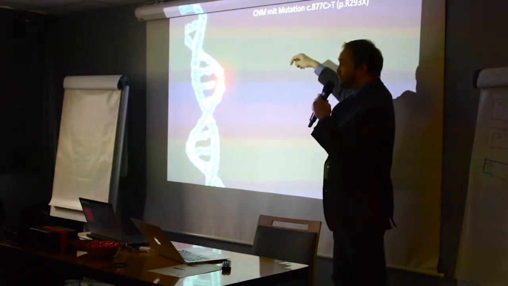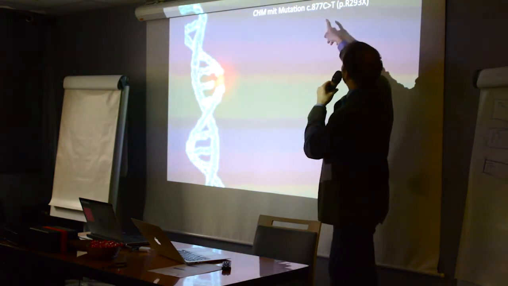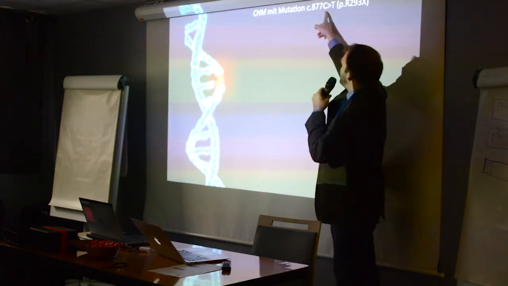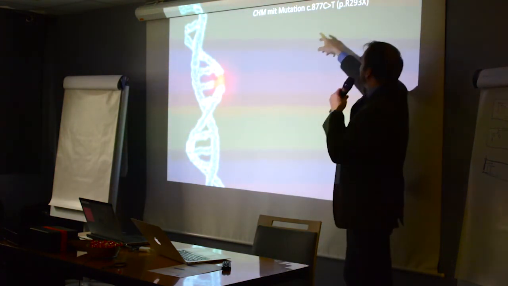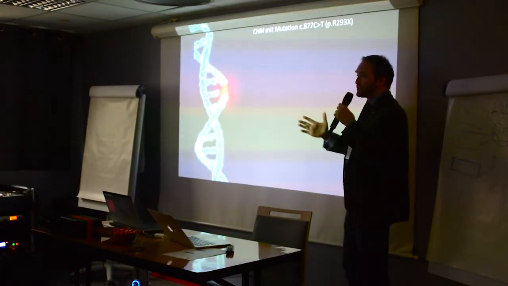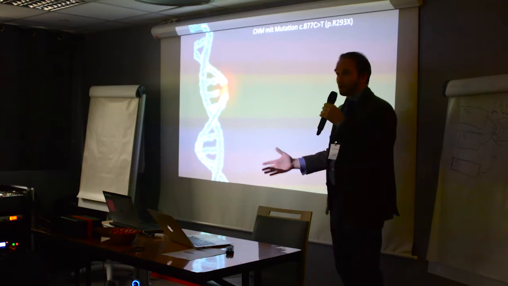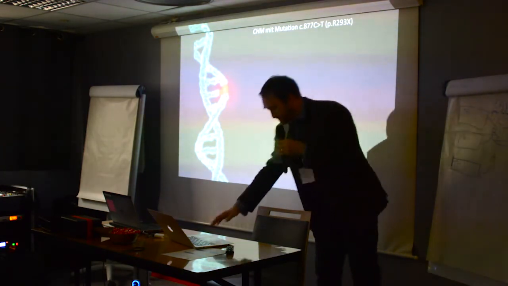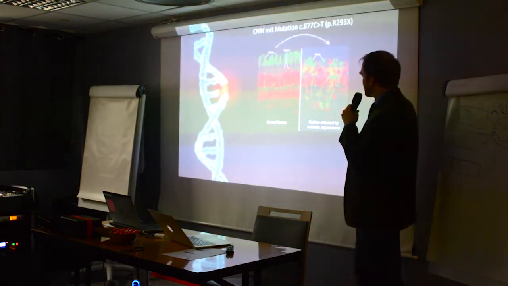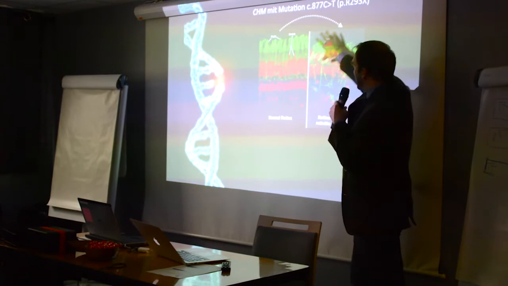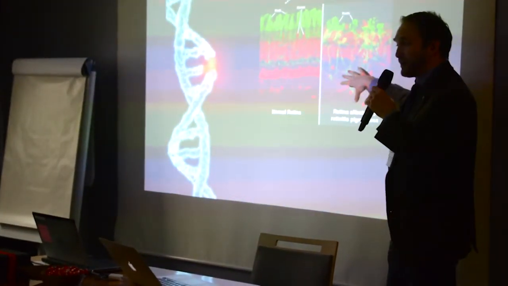And for those of you who don't understand the genomic gibberish here, this is the coding sequence, and then you have a change from a C to a T at this position, and that ends up being a stop mutation where the protein isn't produced properly, and the protein isn't there for functioning, and the cells suffer and die. So this is an example of a retina that looks nice and orderly, and if you have the mutation, then it all goes haywire, right?